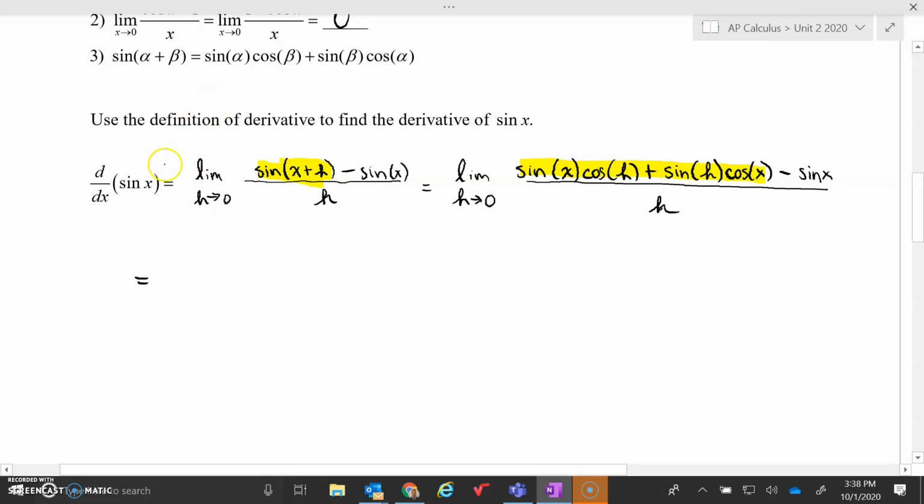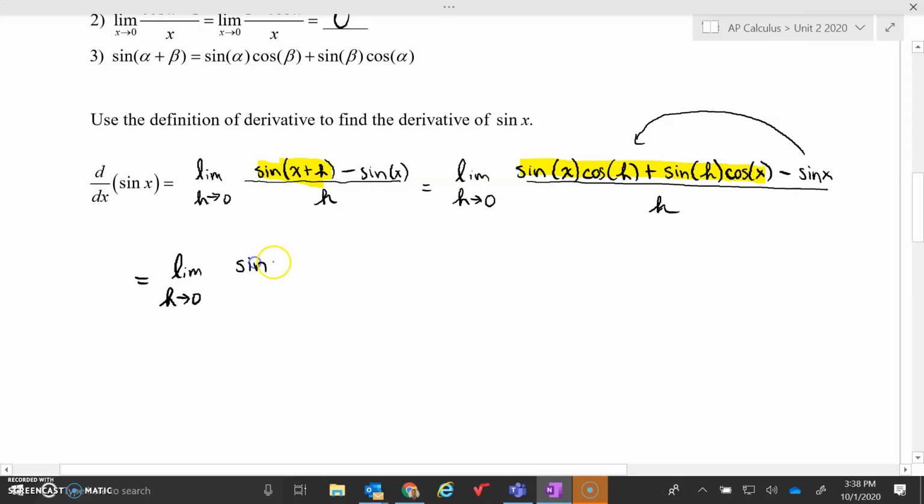So here goes. We're going to say that this is the same thing as the limit as h approaches 0, and we're going to reorganize these terms. I want this sine x to come over here with this sine x, and the reason is because I'm going to be able to factor a sine x out.